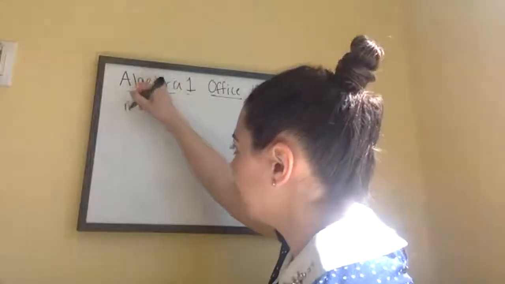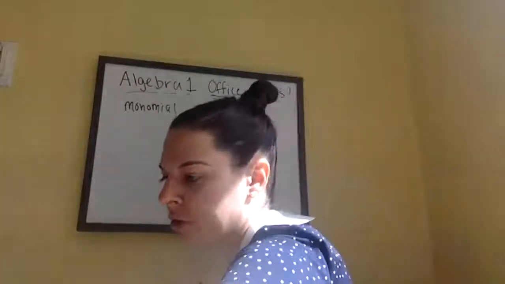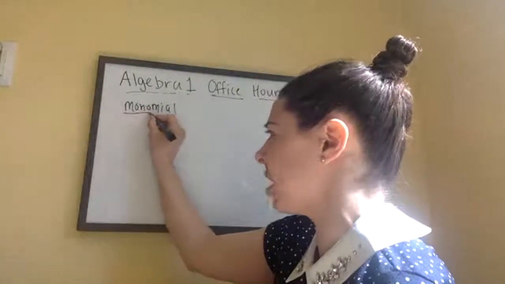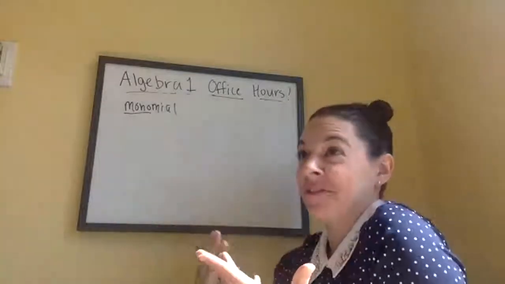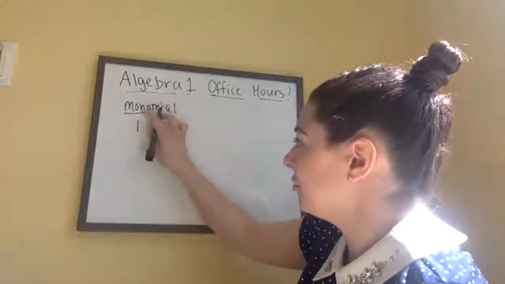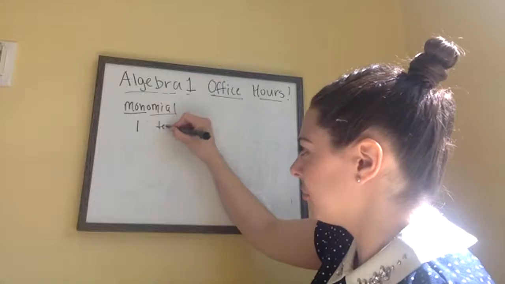Okay, so monomial is, if you notice the prefix mono, you might be able to figure out what that prefix means. It means 1. And nomial is terms. So 1 term.